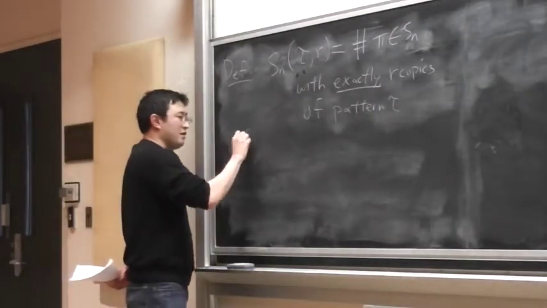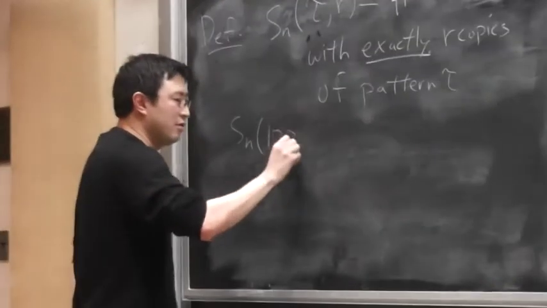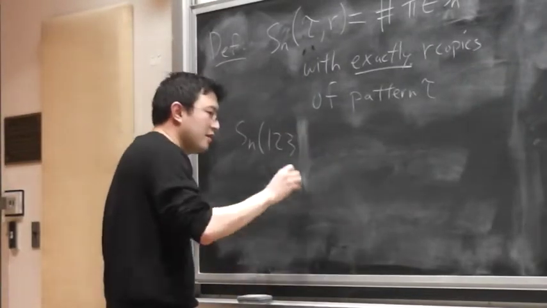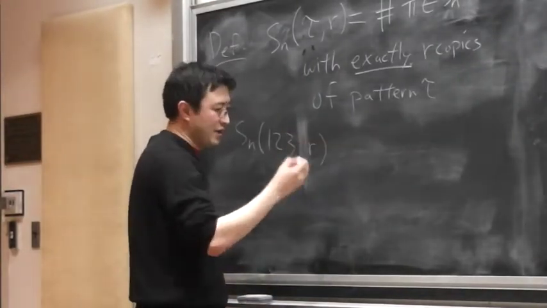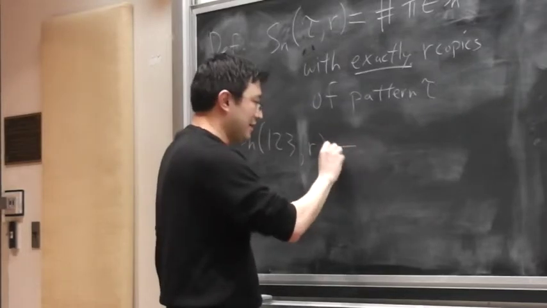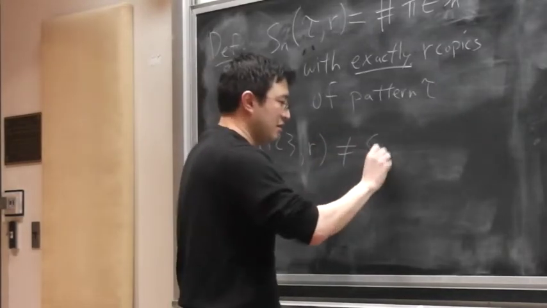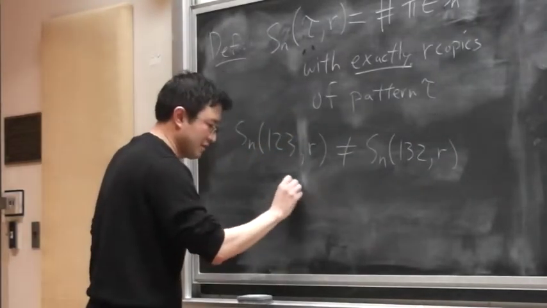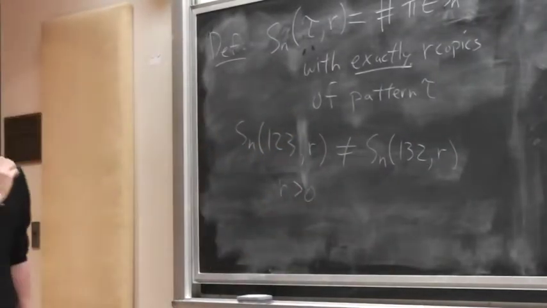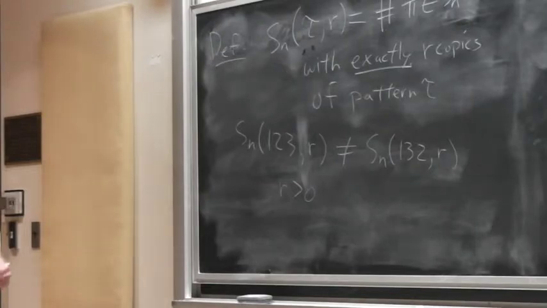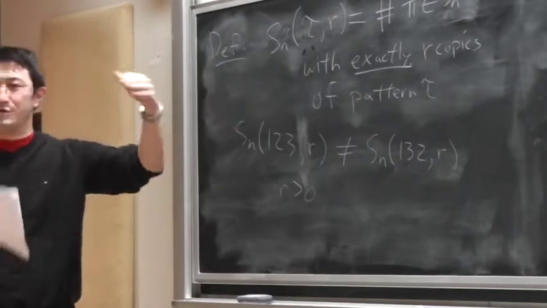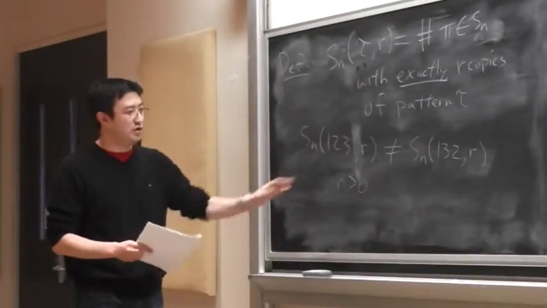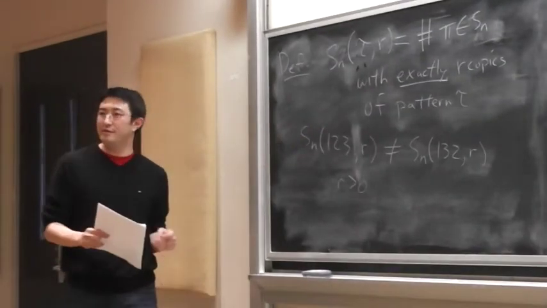For example, the 1, 3, 3 case is not the same as the 1, 3, 2 case if r is greater than 0. The fact that they're equivalent for the 0 case is almost like a happy coincidence, but structurally they're actually not equivalent.